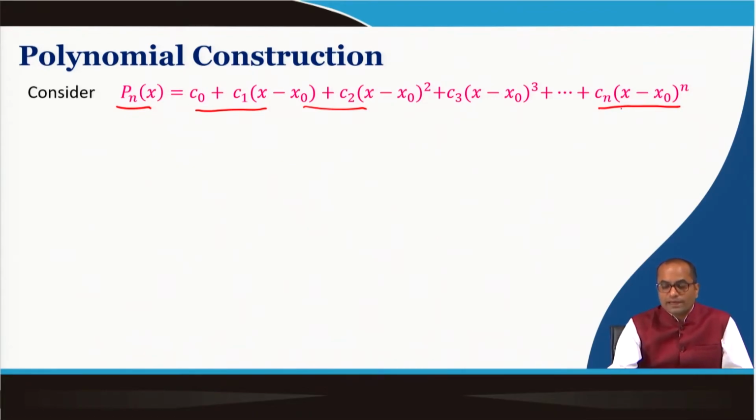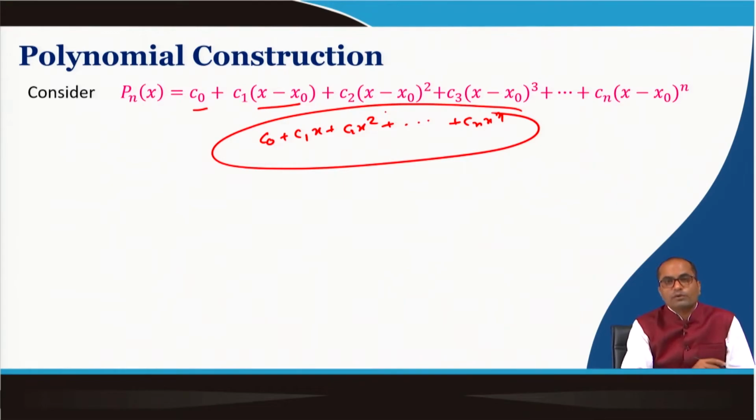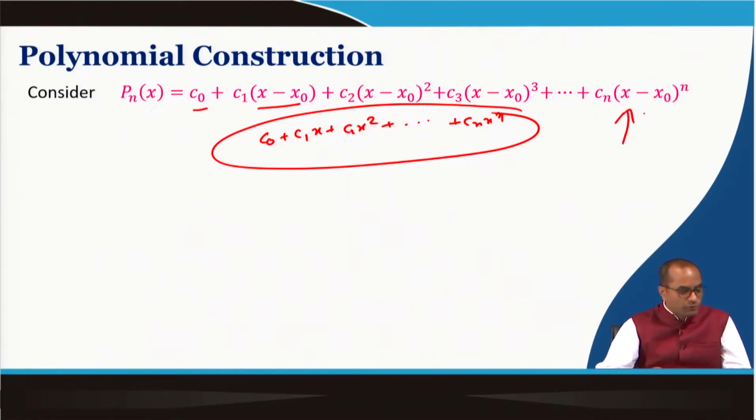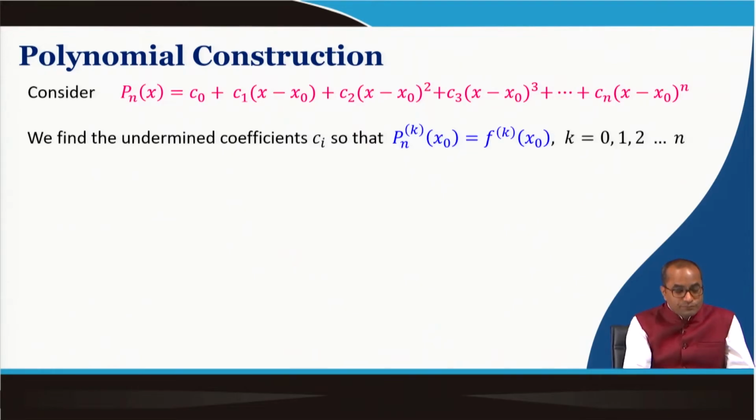Because x power n is there, and we have taken this special form: the constant c naught, c1 times x minus x naught, c2 times x minus x naught whole square, and so on. We could have also considered c naught plus c1 x plus c2 x square plus and so on, and cn x power n. This is also a general form of the polynomial, but we have considered this special form; both are the general n degree polynomial. So fine.